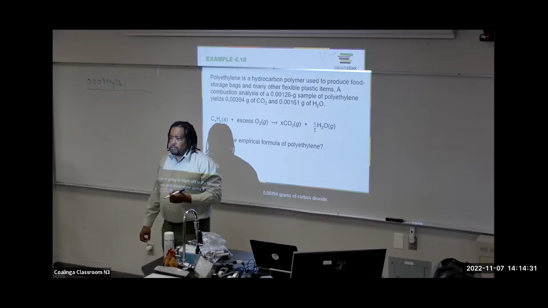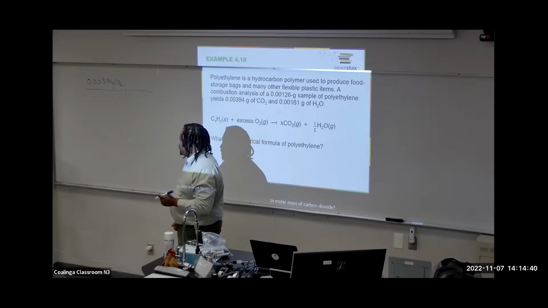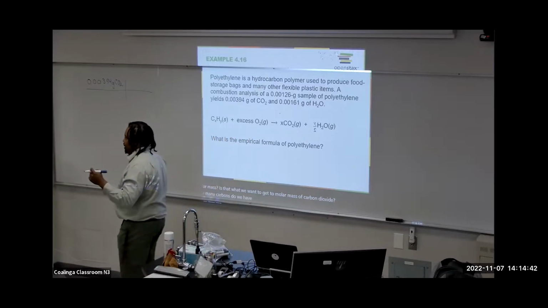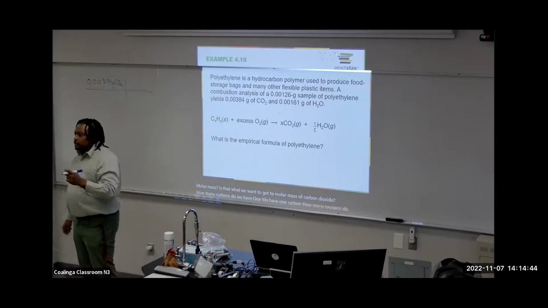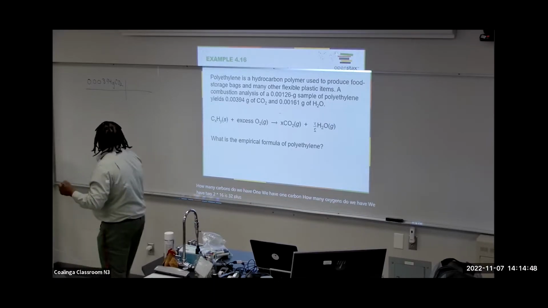So what is the molar mass? Is that what we want to get to? Molar mass of carbon dioxide? How many carbons do we have? We have one carbon. How many oxygens do we have? We have two. 2 times 16 is 32 plus 12, that would be 44.